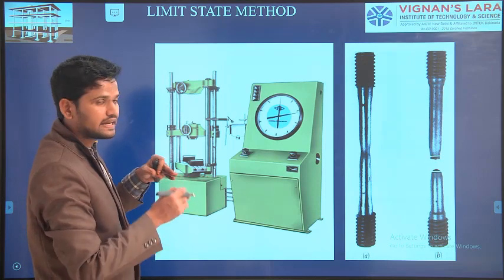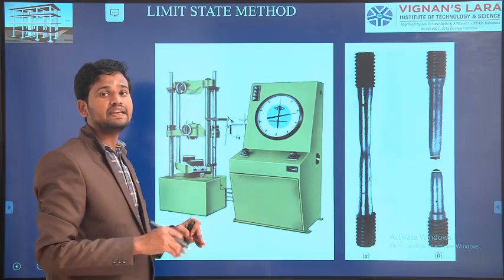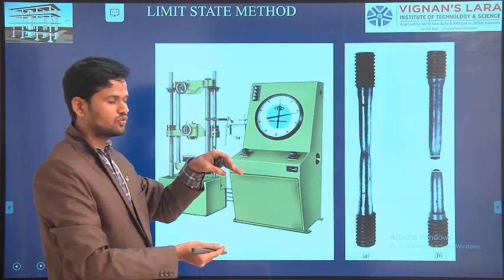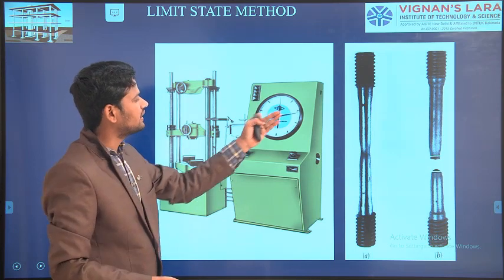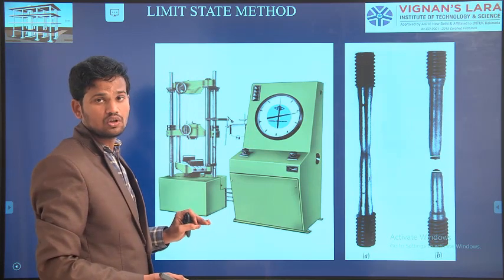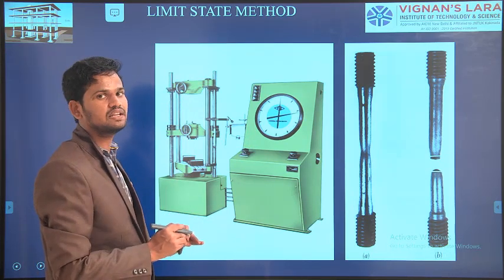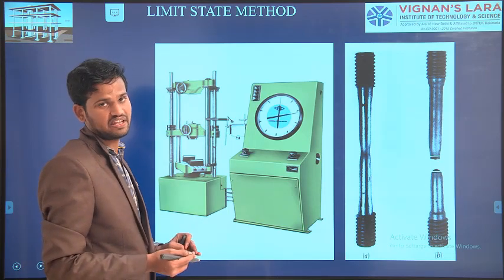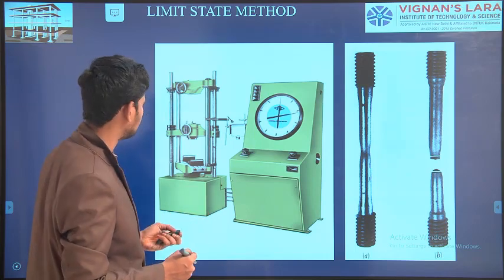While conducting this experiment, the material will behave in different ways. That means if you do the experiment in the laboratory, the material you keep in this equipment, while applying the load in various loading conditions, may behave very differently. How it will behave very differently, we'll see in the next slide.